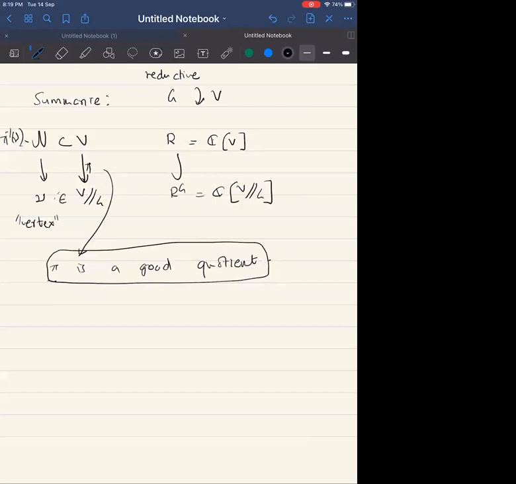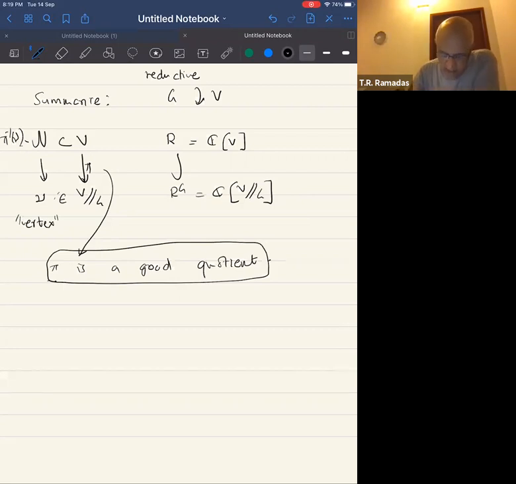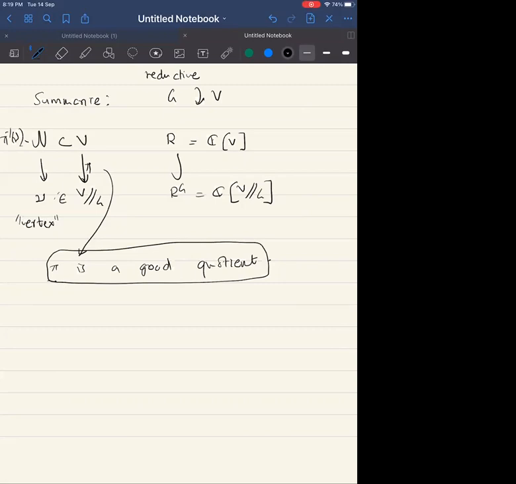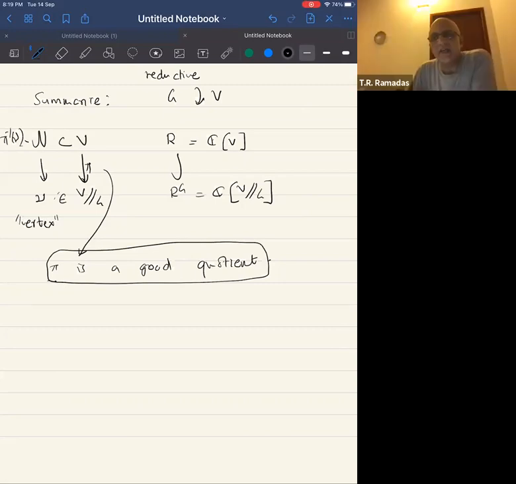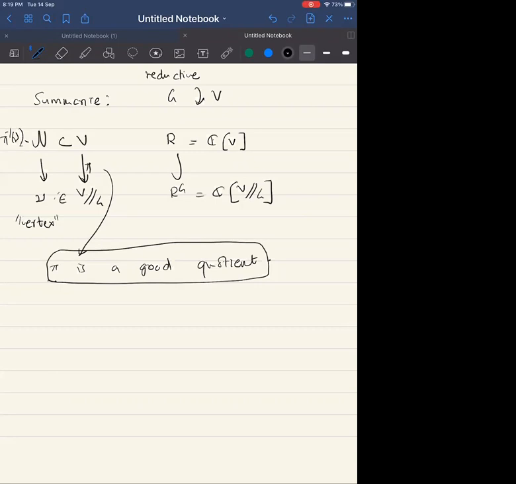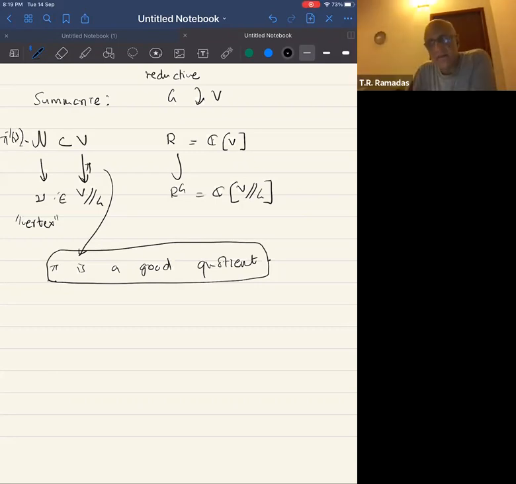Can you just recall the definition of vertex once again, please? Yeah. So one simple definition is I take the origin of V and take its image under pi.